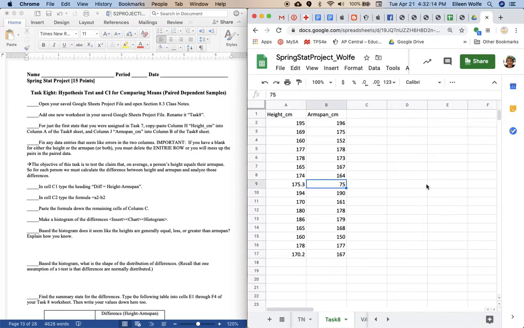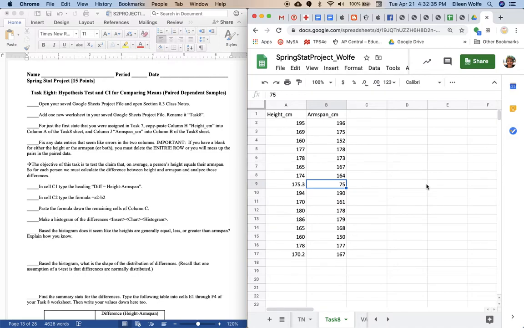So over here, I noticed somebody's arm span was entered at 75. Again, these don't really make sense because, guys, 5 feet is already somebody who's particularly short, and arm span tends to closely mimic height.